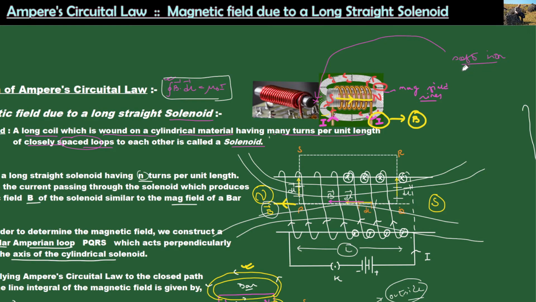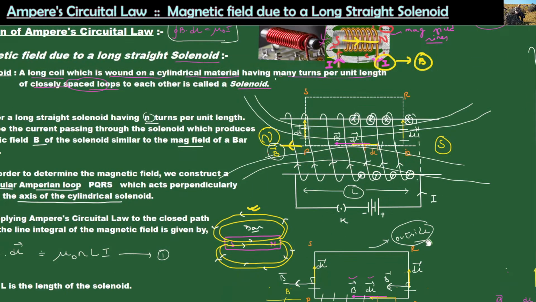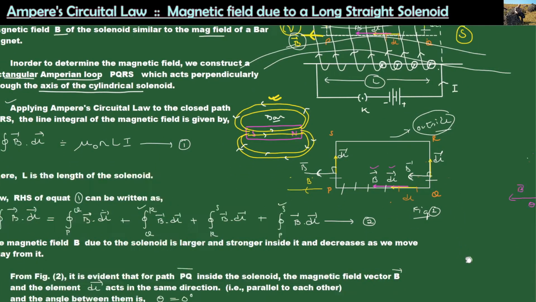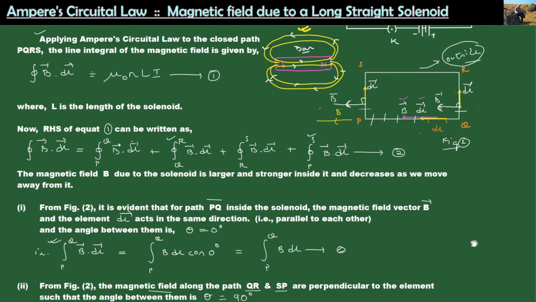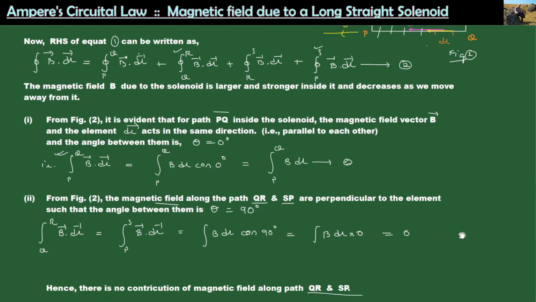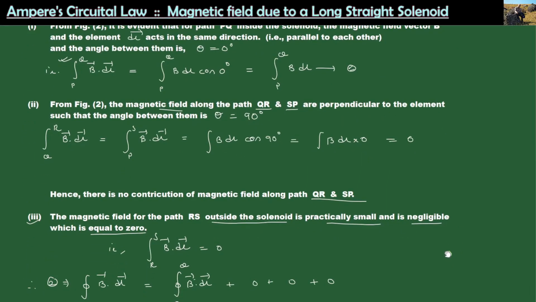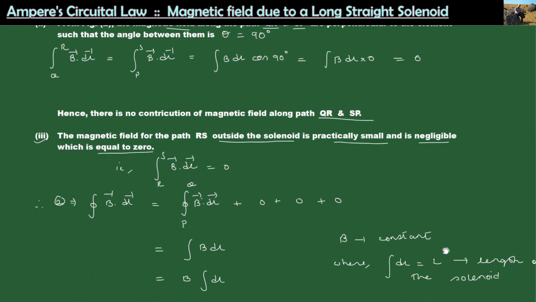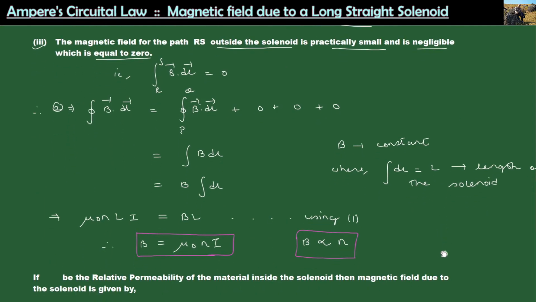It increases the rate of storing magnetic field, or increases the magnetic properties of the substance. If that soft iron core has a permeability mu r relative to the absolute permeability of free space, then the magnetic field B gets modified when you place that material having a relative permeability mu r.